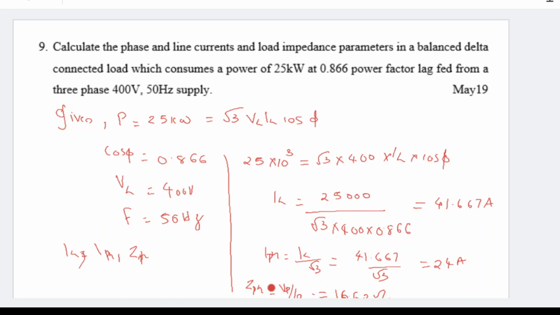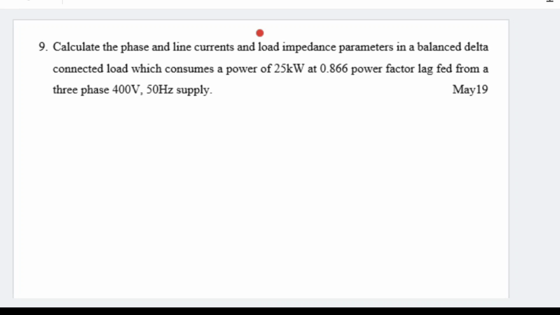Here, we have V phase equal to VL for a delta connection load, that is equal to 400 volt, and we have IL is equal to root 3 I phase. So we got the value of IL and I phase. I phase was calculated by IL by root 3, and we have I phase and V phase, so we can find out Z phase.